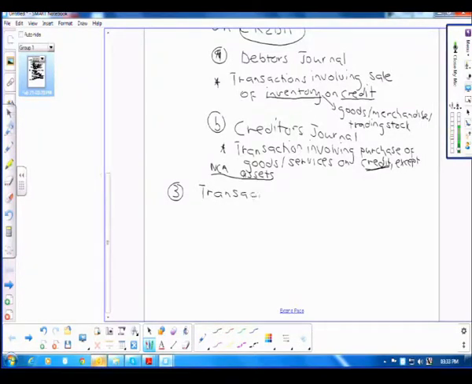And then we've got the third category: transactions involving returns of goods and services that were traded on credit.